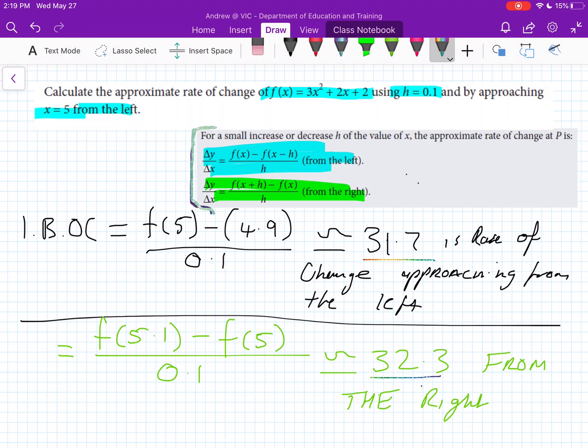Okay, so this is why they will be different. The smaller the h value, the more accurate it will be. Okay, if you really want to, you can take an average of these two numbers and it would be more accurate. So there's different ways of making it more accurate, but yet again, it's just more to get an idea of how to actually work out these rates of change at a point.